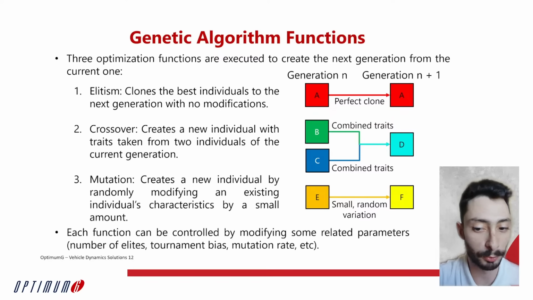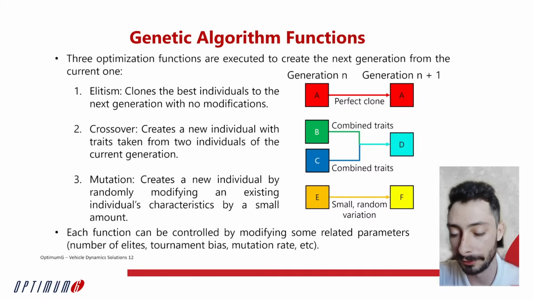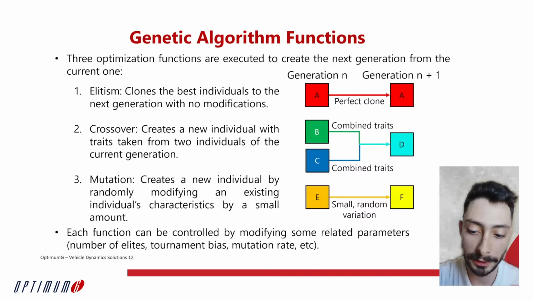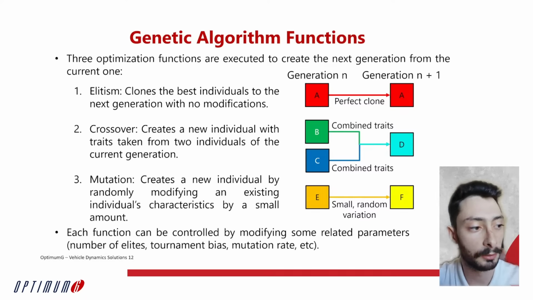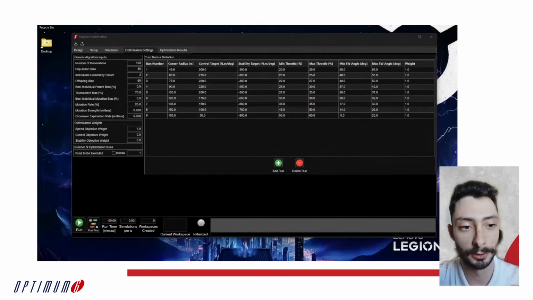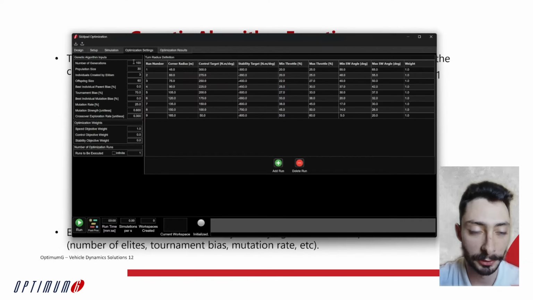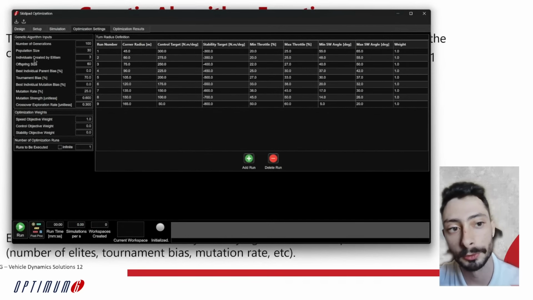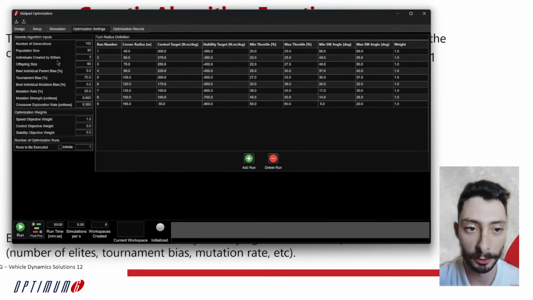And the proportion of individuals that are created from each of these different procedures is something that you can tune in our software interface. So these are the options that you can have here. So for example, I can control how many individuals will be cloned from the elitism procedure.